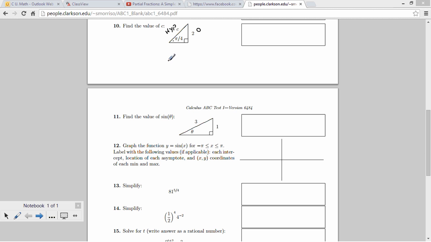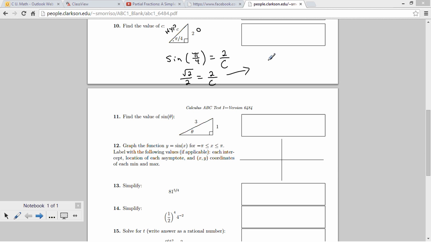So that's going to be a sine ratio is one way to do this. So sine pi over 4 equals 2 over c would be one way you could do this. The sine of pi over 4 corresponds to the sine of 45 degrees if you're thinking in degrees, and the sine of 45 degrees is square root of 2 over 2 equals 2 over c, which gives us a proportion.